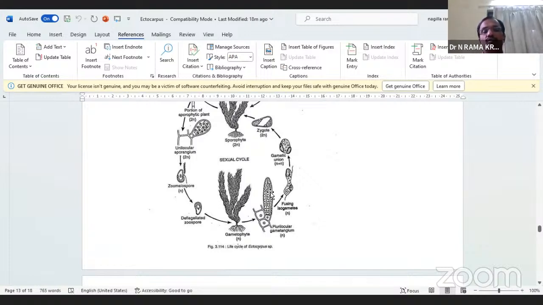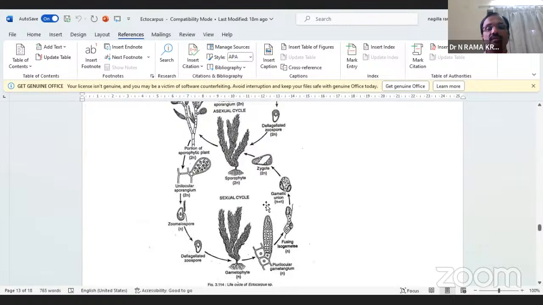When the gametes come outside, we see two types of gametes, which is why we call it anisogamy. Then the formation of a zygote produces a new plant. This is the life cycle of Ectocarpus. We have gametophytic generation and sporophytic generation, two types of generation. Here this is the sporophytic sporangia.